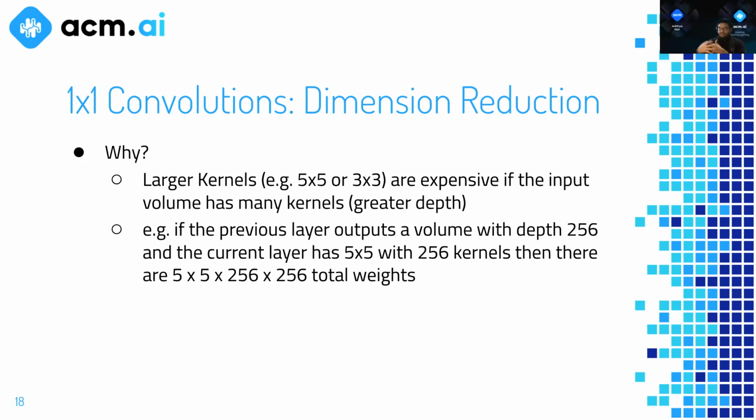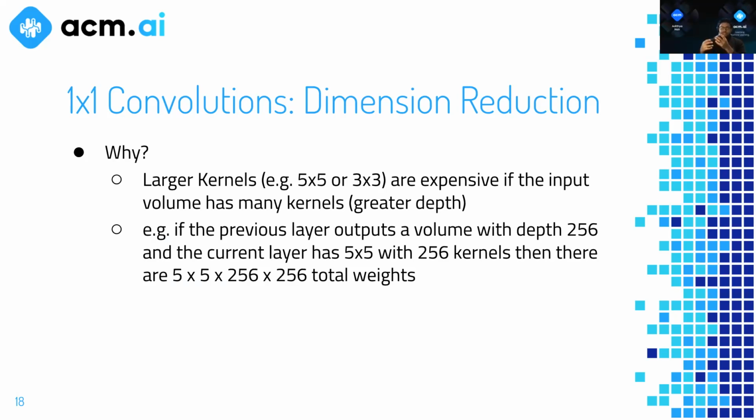So let's say you receive from your initial layer an image of spatial dimensions 500 by 500, and the depth of that input volume is 3, which corresponds to the 3 RGB channels, red, green, blue, that we use in everyday pictures.